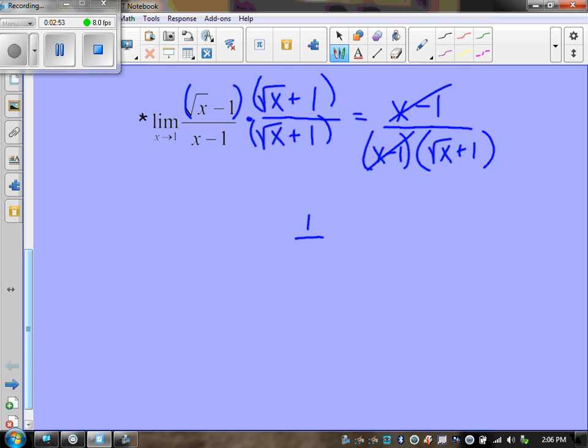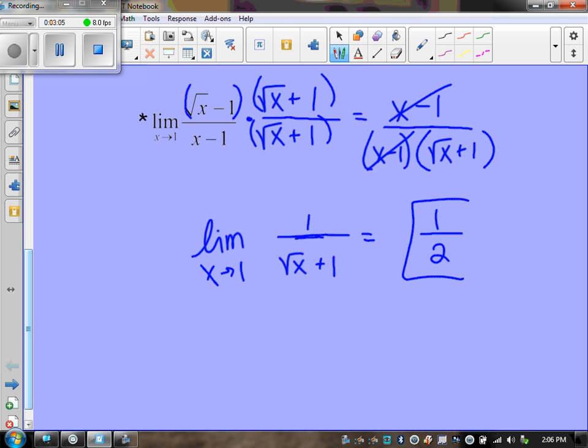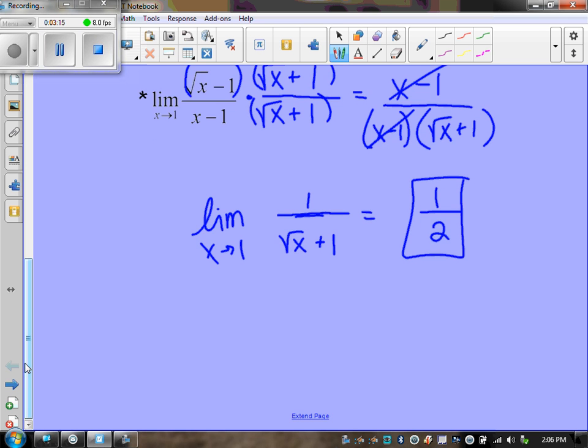And so then I'm left with a 1 over square root of x plus 1 on the bottom, and then I can redo my limit as x approaches 1. As x approaches 1, my limit is 1 over 2. I get 1/2, right? So those happen to give me 0 over 0. I can either simplify by factoring or rationalizing, and then redo my limit.